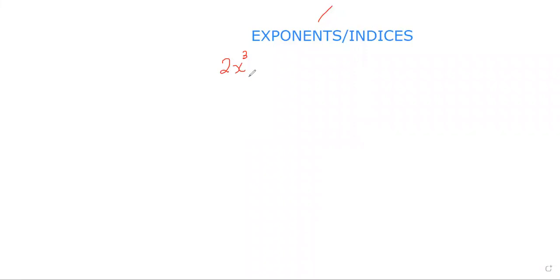This 2 here is called a coefficient. This one here is called an exponent.